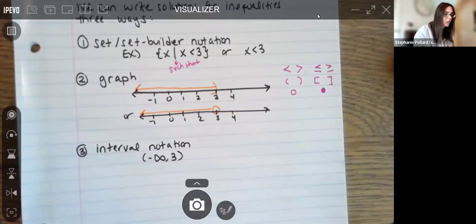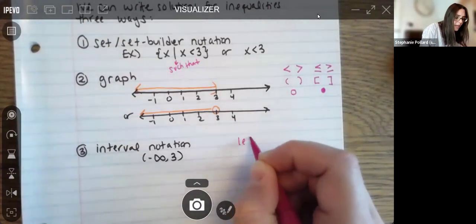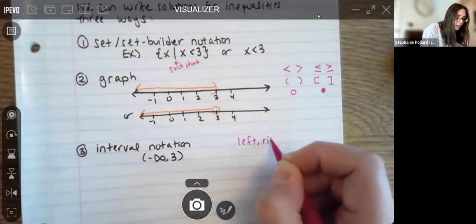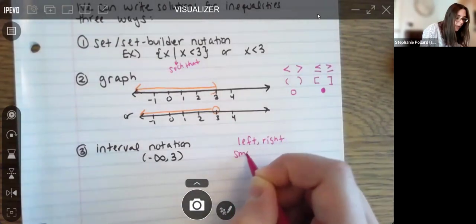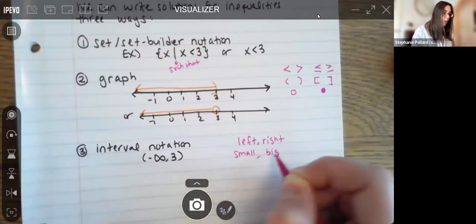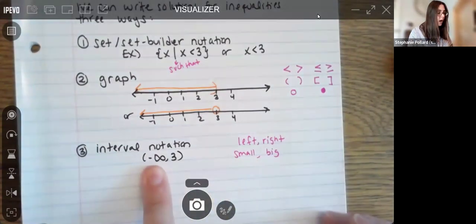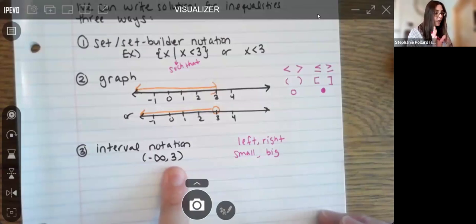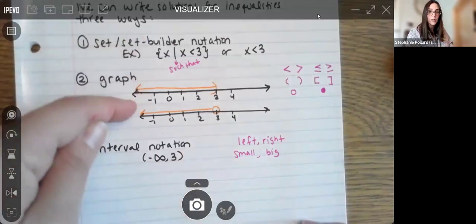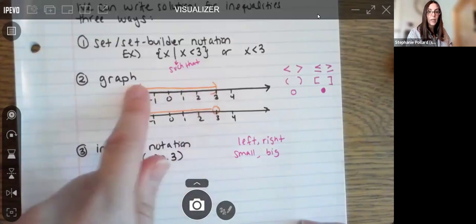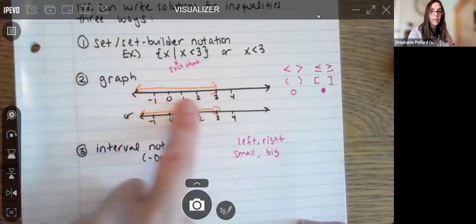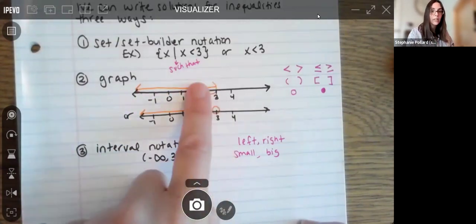For interval notation, you always write your values left to right, or small to big. So we put our smallest value on the left, comma, our biggest value. It helps to graph it first and then see what part is shaded. You can see here the shading goes all the way to 3, and it keeps going to the left forever.